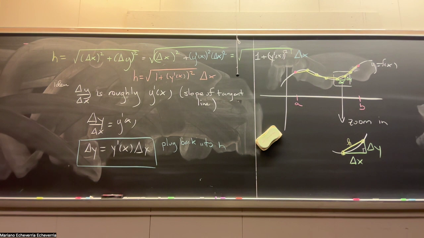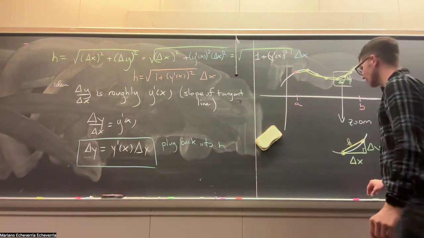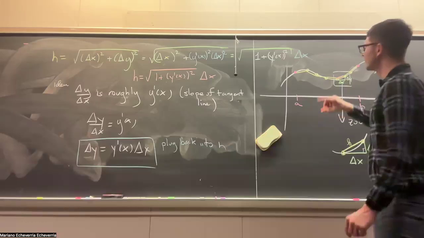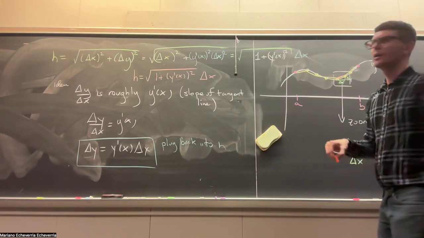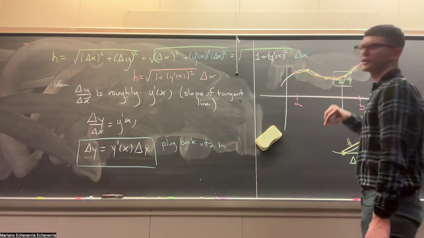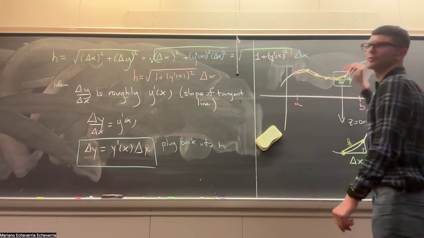So what does that correspond to? That corresponds to the length of one of these tiny hypotenuses, right? But then there's another hypotenuse here, another one here, another one here, and another one here.